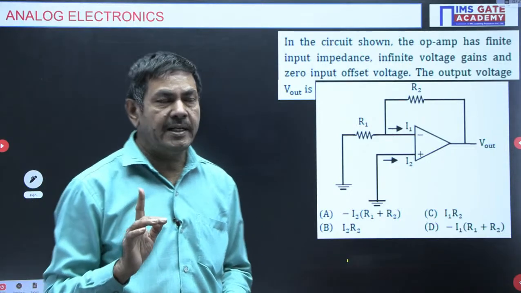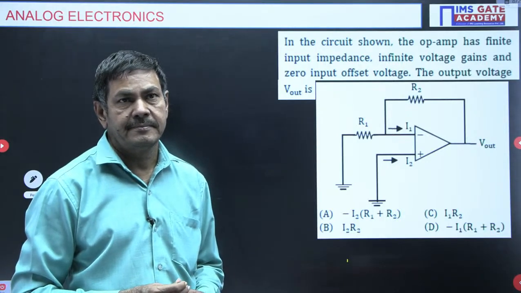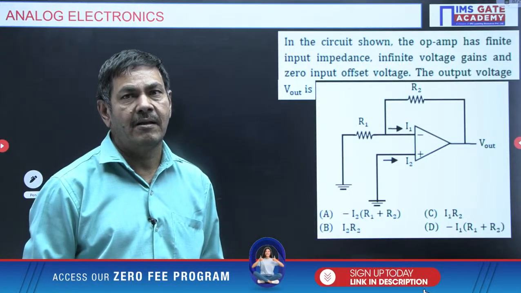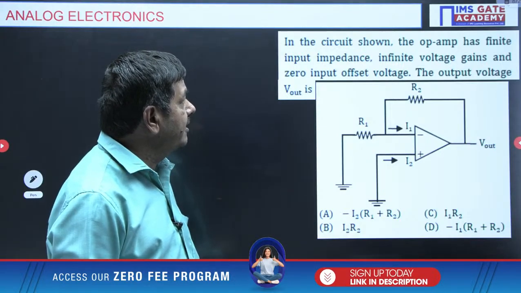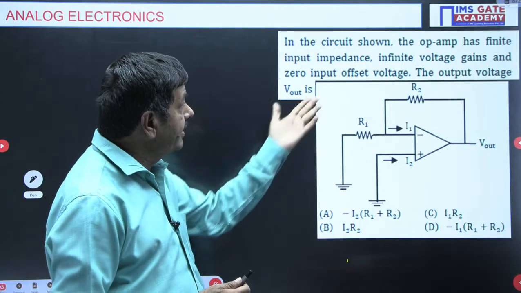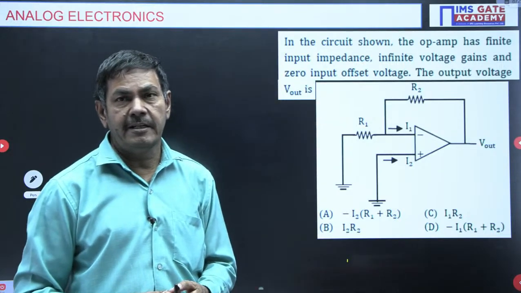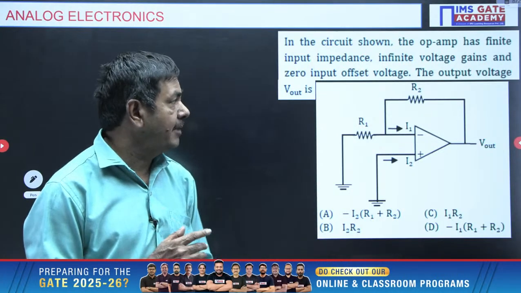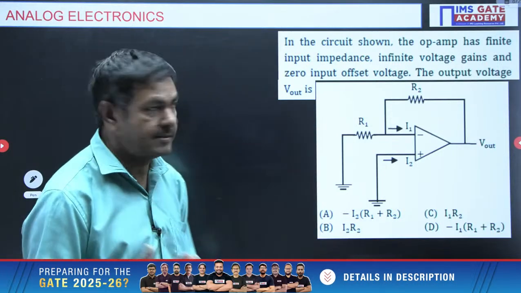First of all, you can say whether the given op-amp is ideal or non-ideal here. In the ideal case, everybody knows the input impedance is infinite, but here a finite input impedance is given. Finite input impedance means you cannot say directly that the given operational amplifier is non-ideal. Still you need to watch.